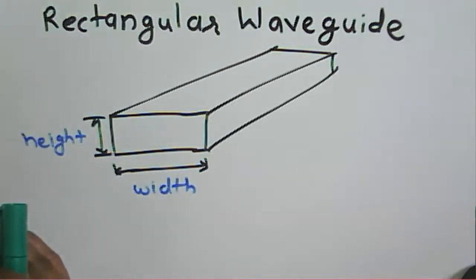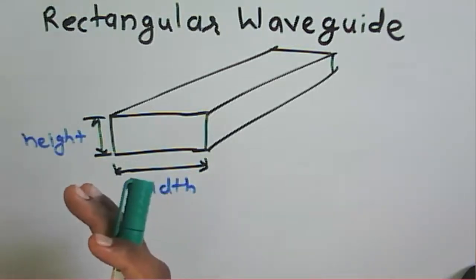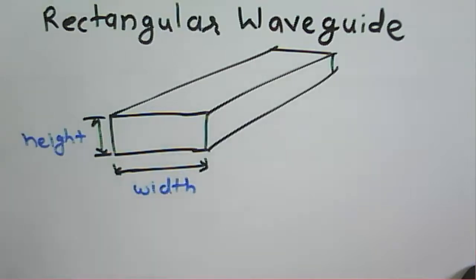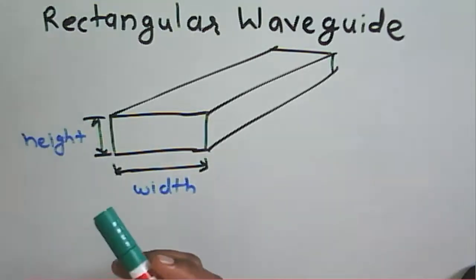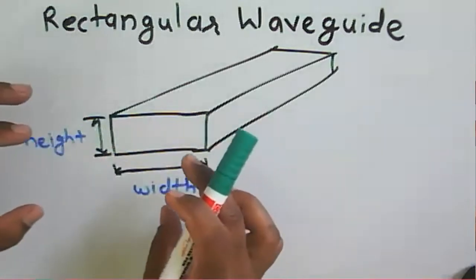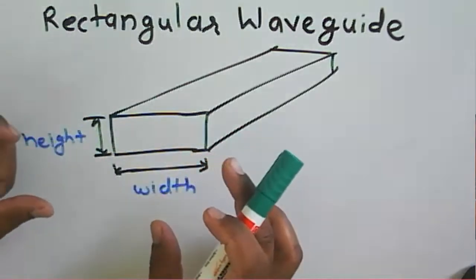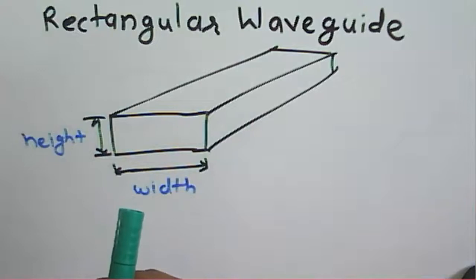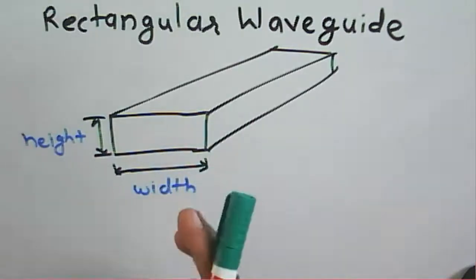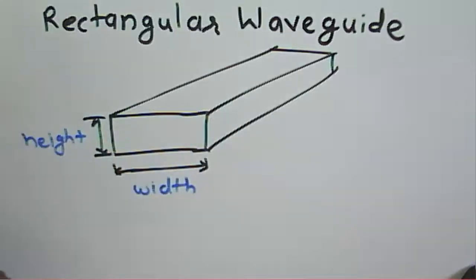That distribution is recorded depending on the width: if it is a half field distribution, it is mode 1. A full sine distribution is mode 2. Likewise, the modes depend on the field distribution.